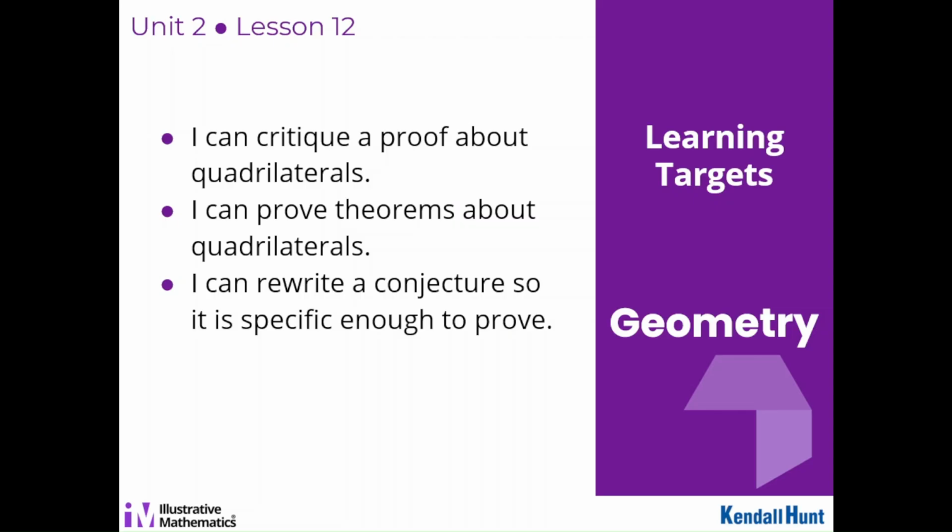Are you only talking about the pairs of parallel sides, or are you then using those parallel sides to prove something about the quadrilateral as a whole? So we're just saying that you need to be able to write them specific enough to prove what you want, but not too specific where it starts proving something you're not even talking about.